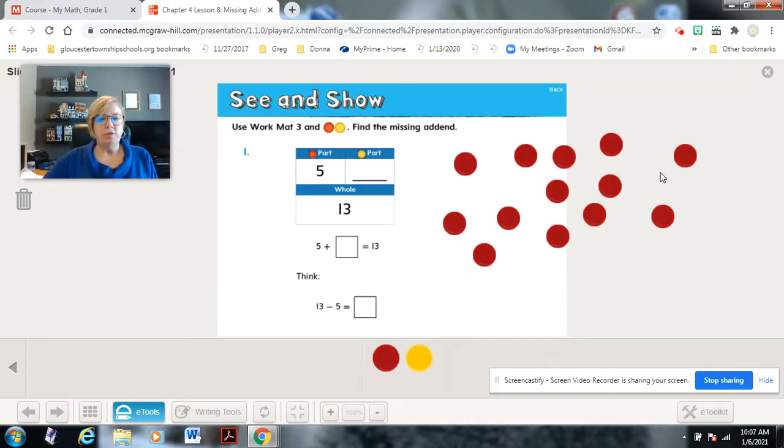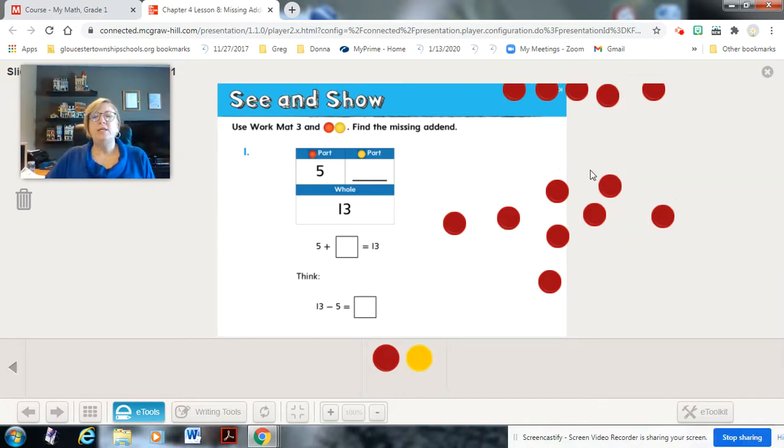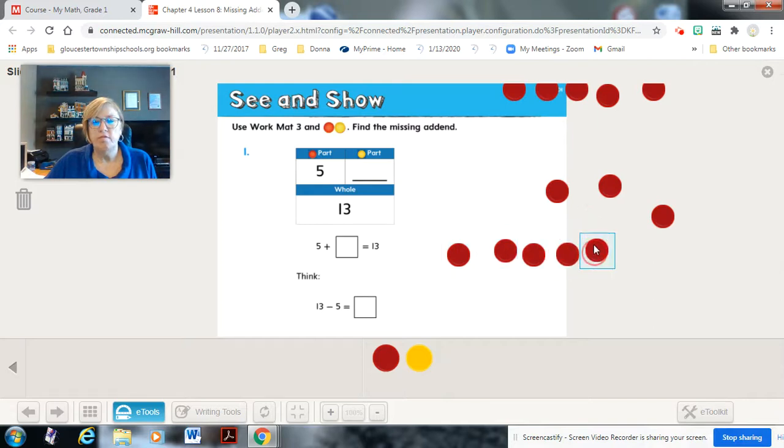Now, we know that there's 13, and we're going to remove 5 of them. So 1, let's say 1, 2, 3, 4, 5. Okay. How many do we have? Let's check. 1, 2, 3, 4, 5, 6, 7, 8.